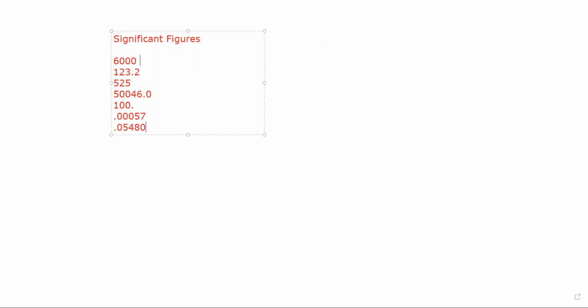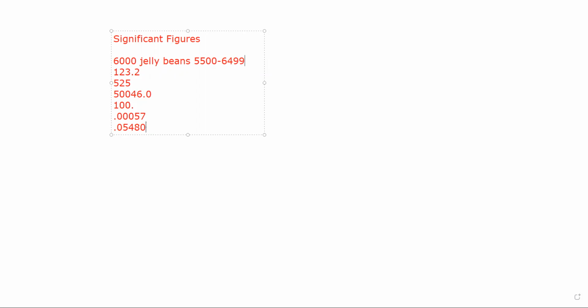So if I tell you that I have 6,000 jelly beans, chances are that I do not have exactly 6,000 jelly beans. Probably I have anywhere from like 5,500 to 6,499 jelly beans.